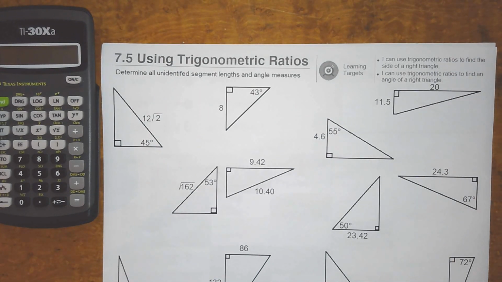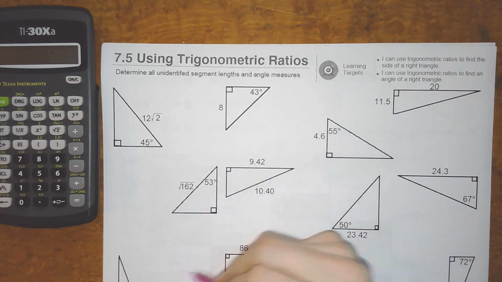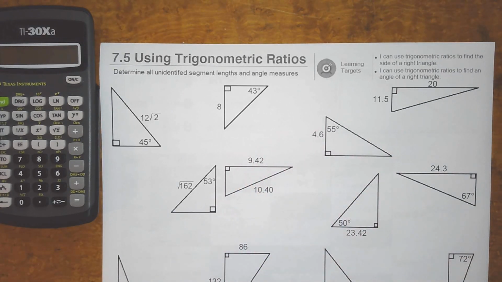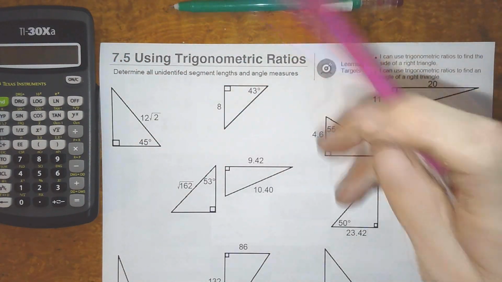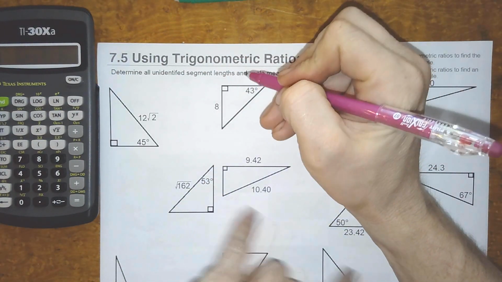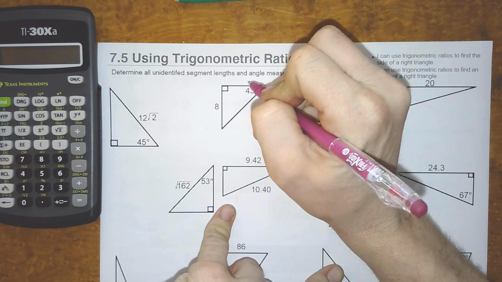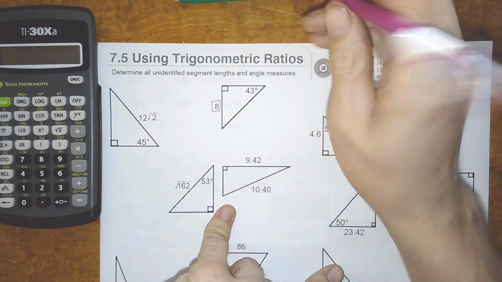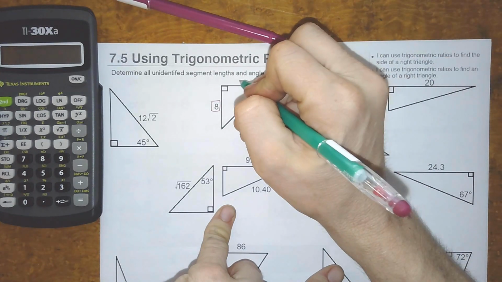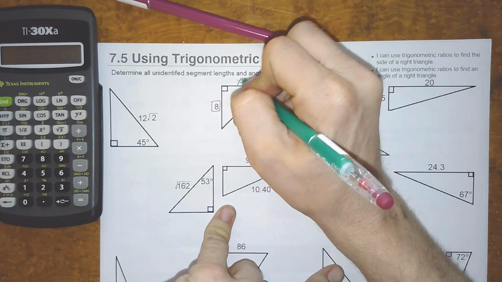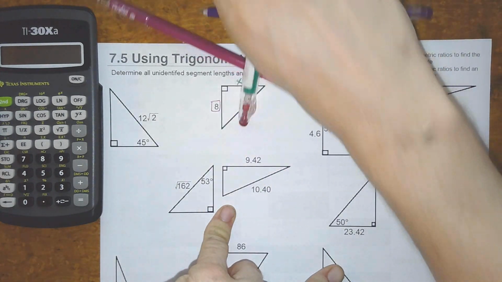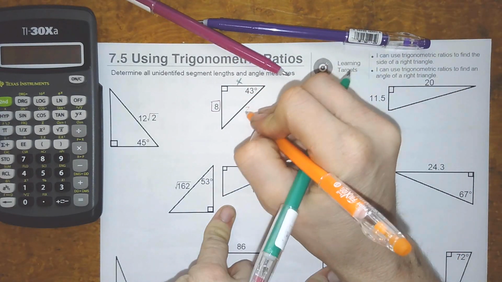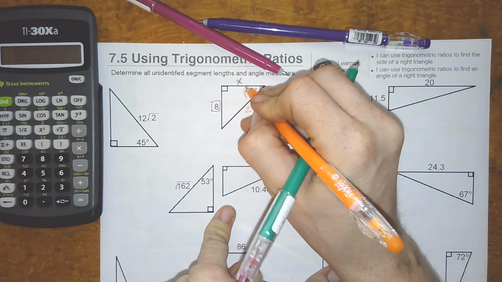You're only given two of the components, and then you can find everything else. Okay, so this is my opposite, this is my y. This is my x, and this is my z, right? And then this is my theta.